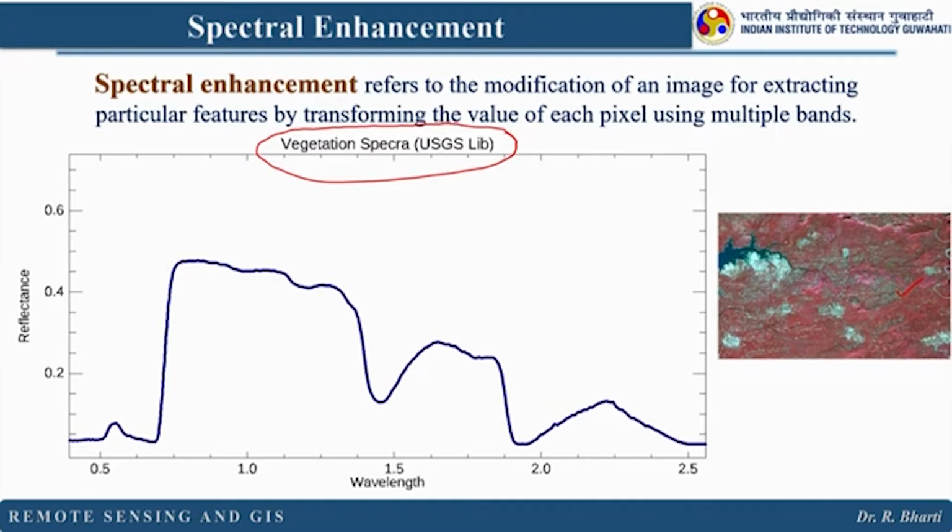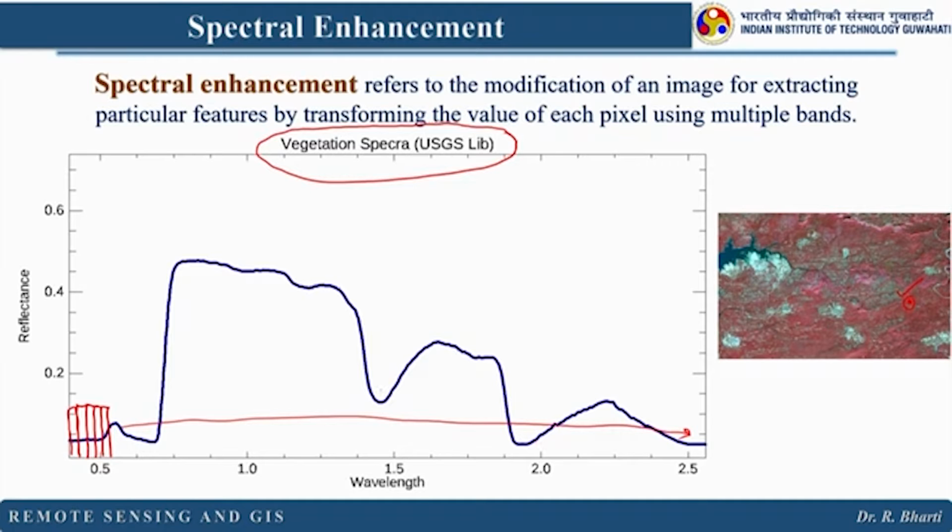So this particular spectra is derived, let us assume, from this particular pixel. Assuming this is hyperspectral data, you have many bands here, like one, second, third, fourth, fifth, and so on for the full range. Then only you can produce this kind of spectra.